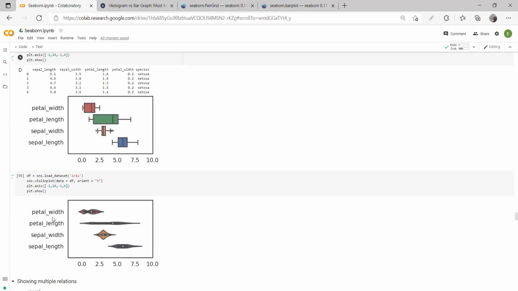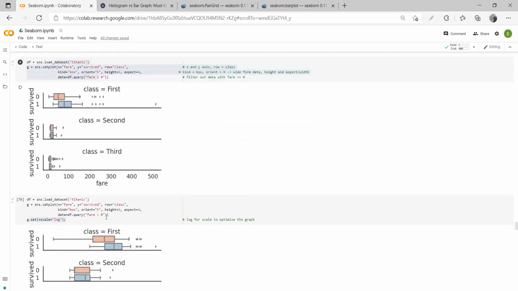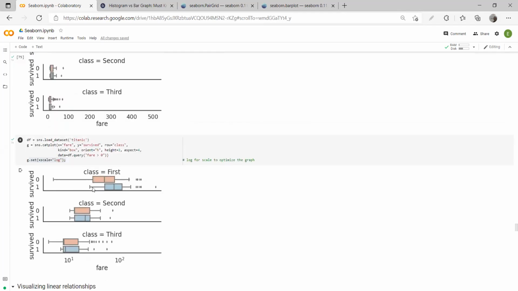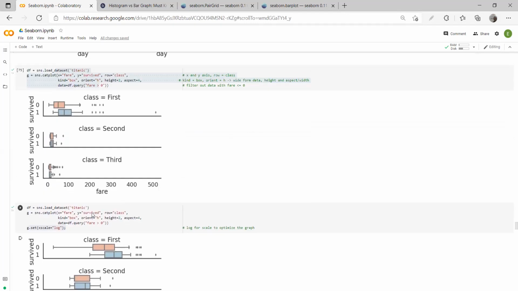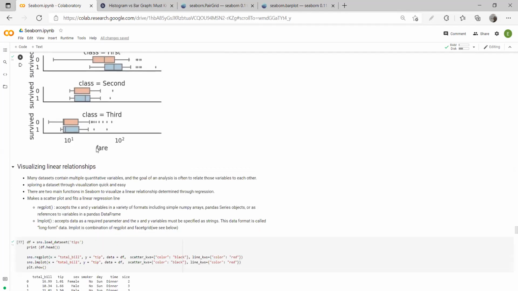Same thing we are saying about wide form data. Box plot is really important. Cat plot not that important. But with a cat plot, if you want to show like this, you can use it.